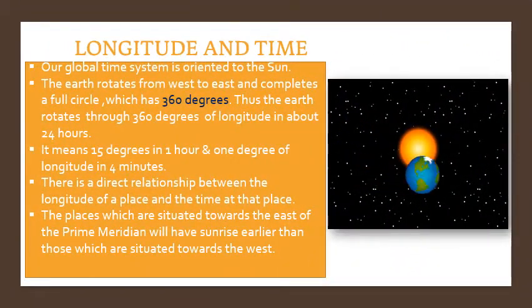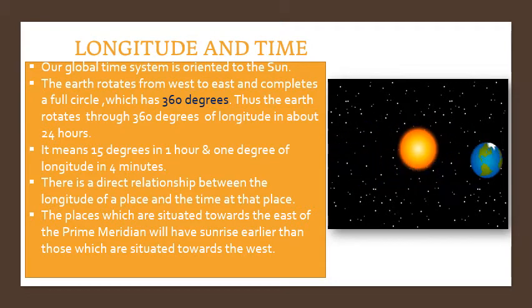Longitude and time. Students, our global time system is oriented to the sun. The relationship between the sun and the earth is considered the best timekeeper in the world. As you all know, the earth rotates from west to east and completes a full circle which has 360 degrees.